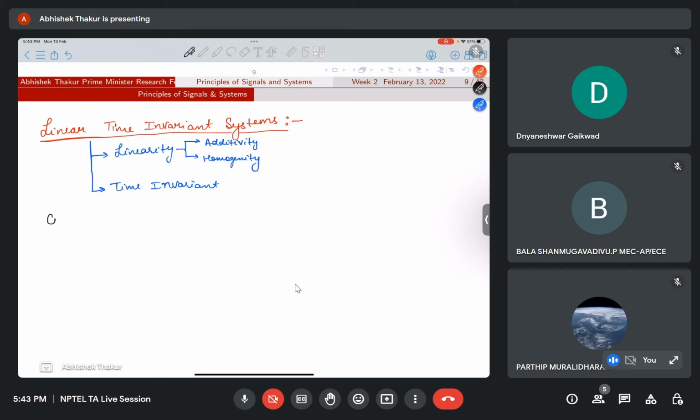Now we'll see continuous time LTI system. From here only the concept of convolution came.